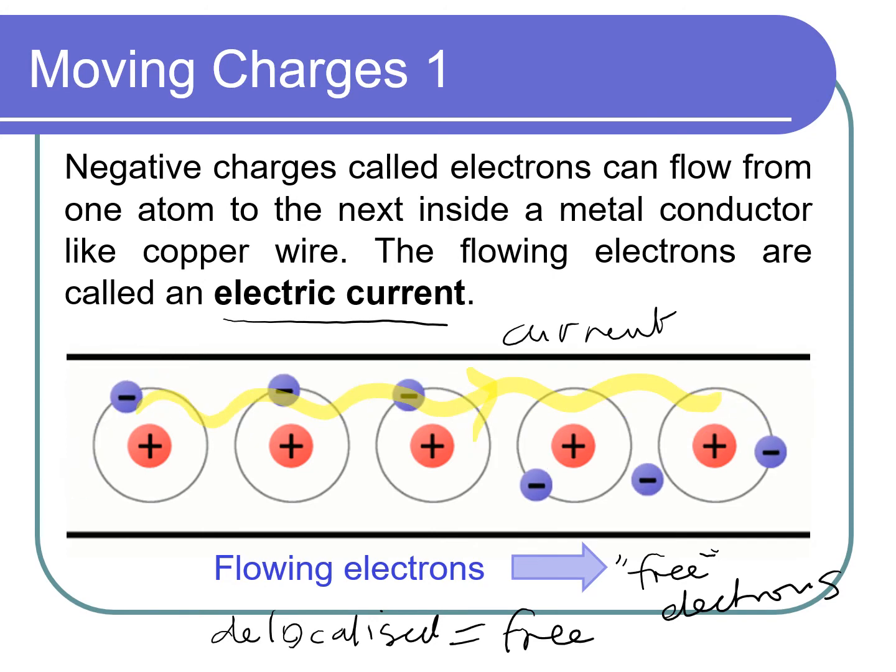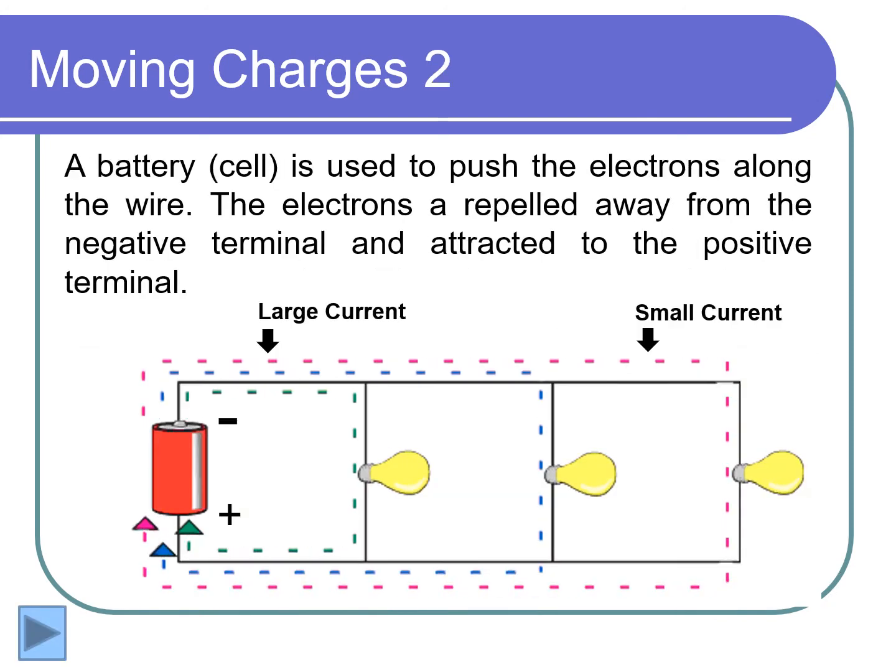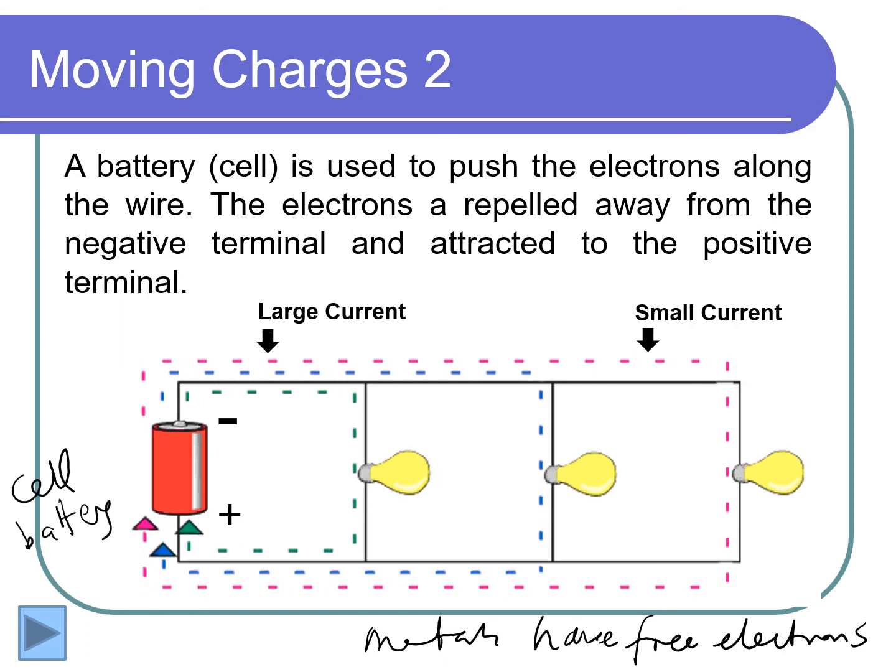So how do we push electrons along a wire? The wire is made of metal and has free electrons in it, so metals make good conductors. We use a battery, or a cell, and it pushes the electrons.